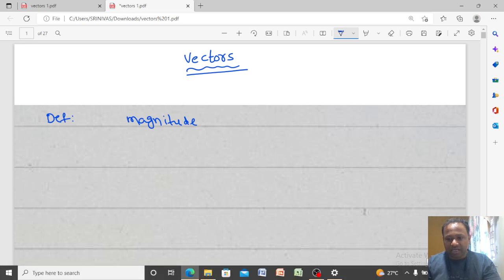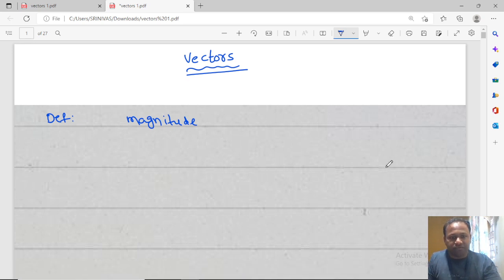Here there is a direction, and magnitude is nothing but length.